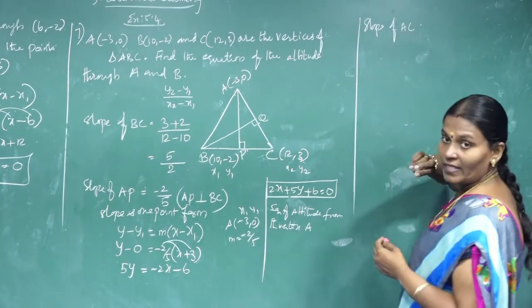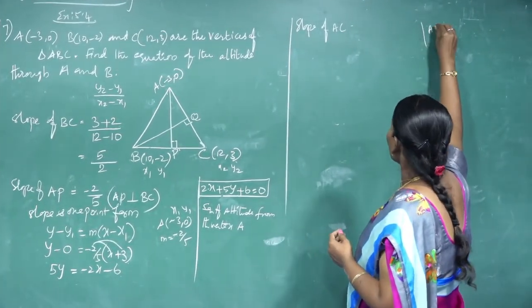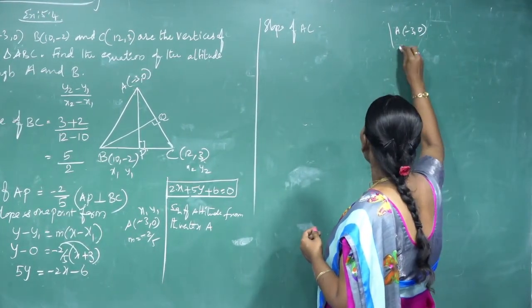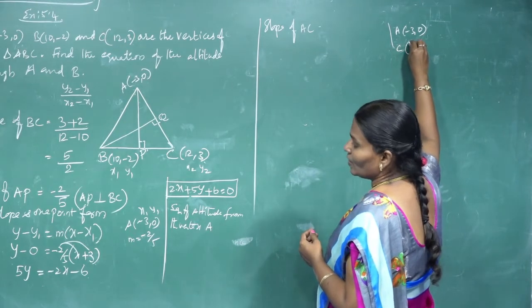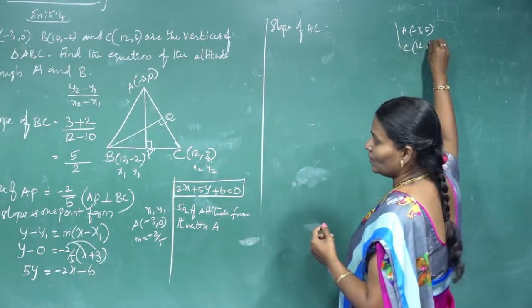AC. Two points are given. The A point is -3, 0 and the C point is 12, 3.